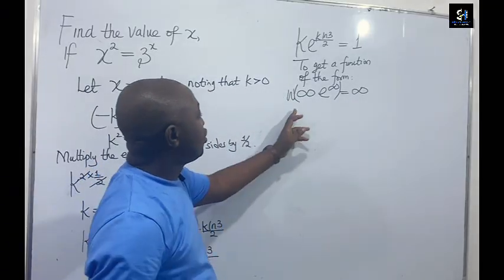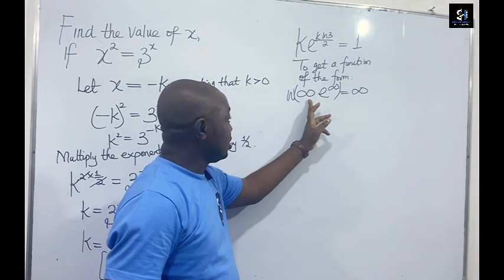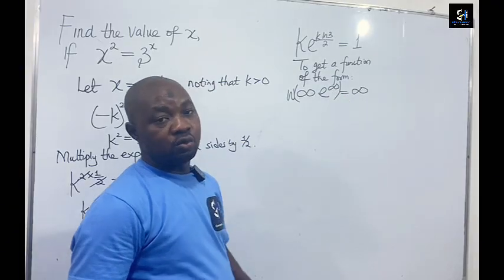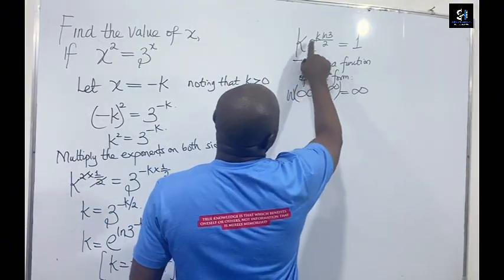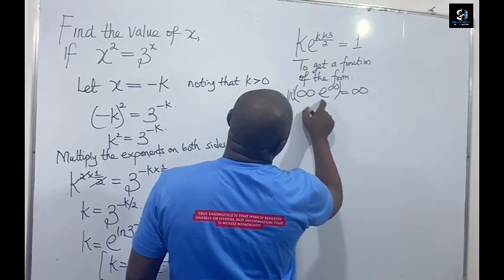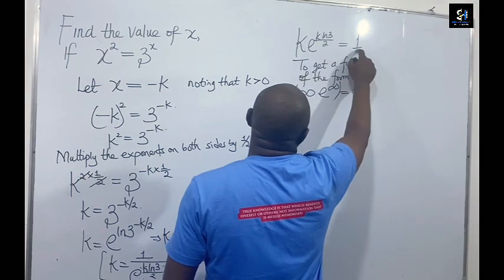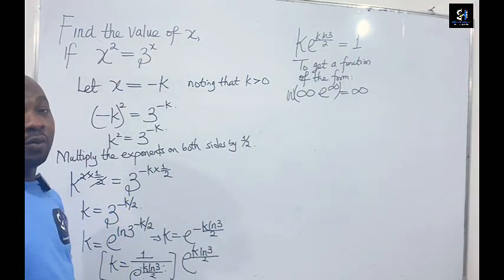All right, so to be able to get this form of expression on the left hand side, I'm going to multiply this equation by ln 3 over 2.